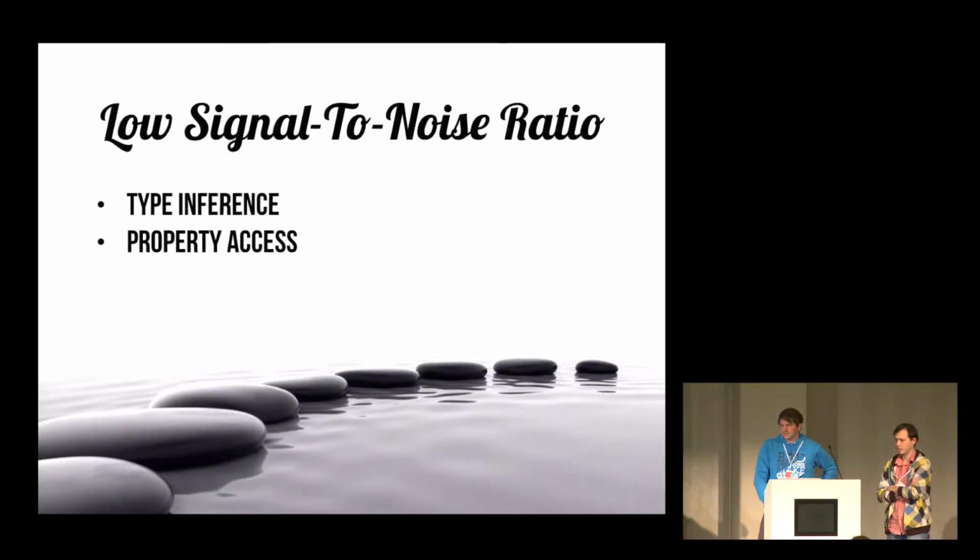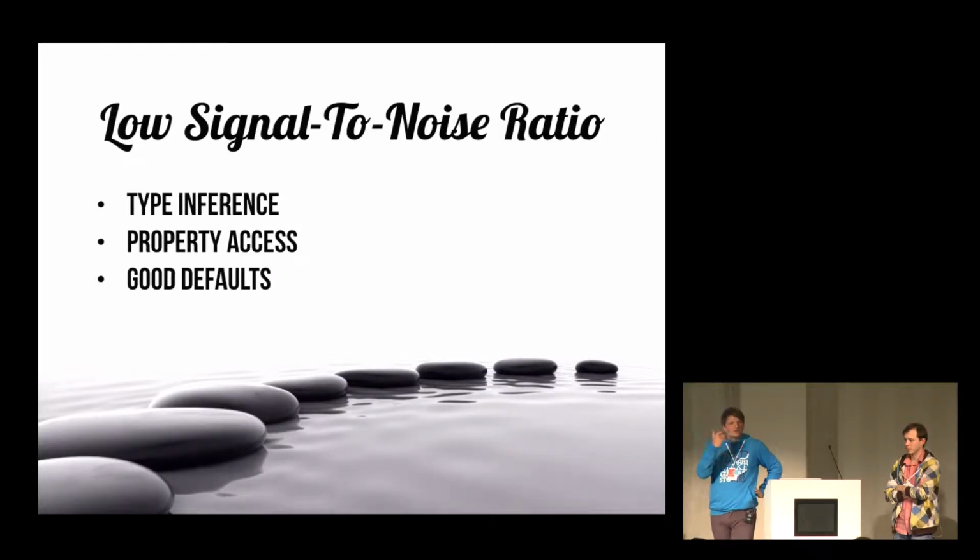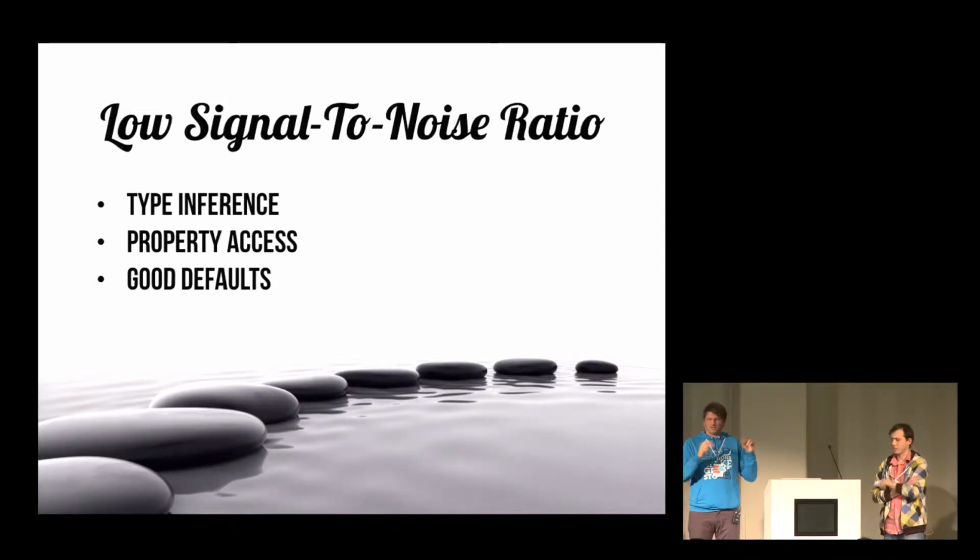There's property access, getters and setters. We do that a lot in Java, so there's first-class support to use assignments, for instance, to call setters. Very good defaults. We revisited the defaults used in Java. For instance, visibility in a class: package-private is the default visibility in Java, something you use rarely.